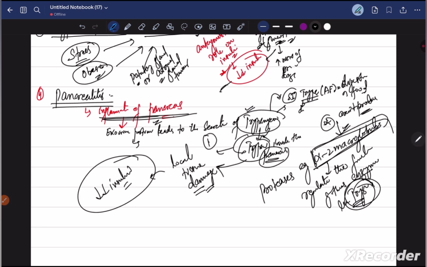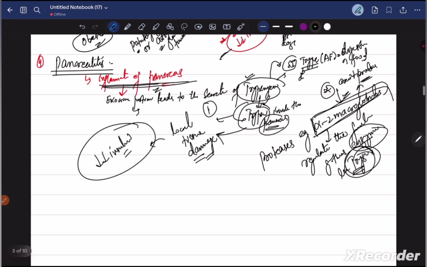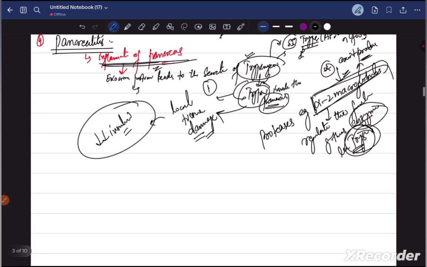And what are these alpha 2 macroglobulins? These are the protease inhibitors that are important for the functioning of these enzymes. These are the important reasons that have been found responsible for type 1 diabetes.